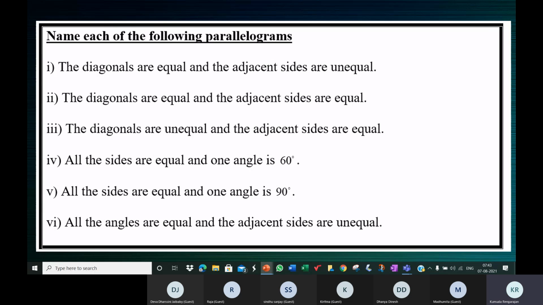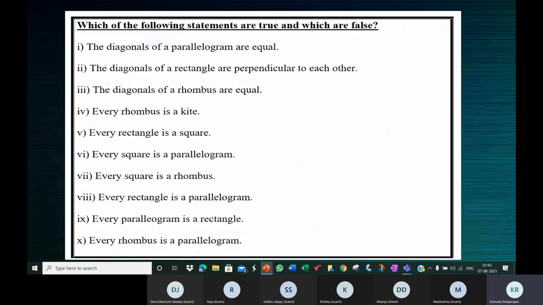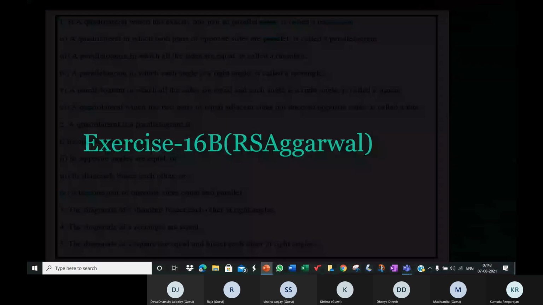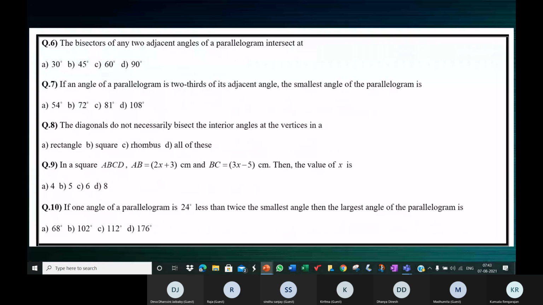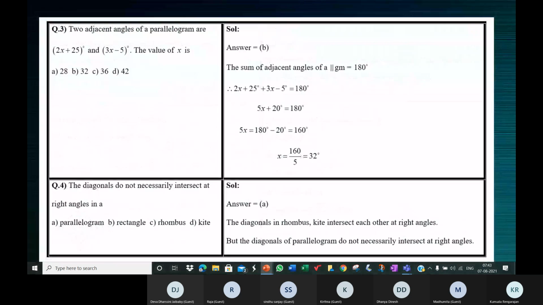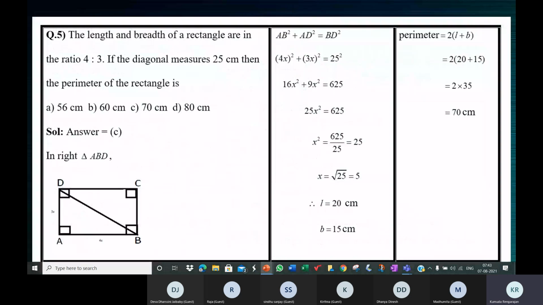Ma'am, we also have some quadrilateral word problems in this chapter, no, ma'am? Yeah, we have. Okay, ma'am. I just want to confirm because in my school textbooks there are only problems. We do have problems. Are you talking about these?